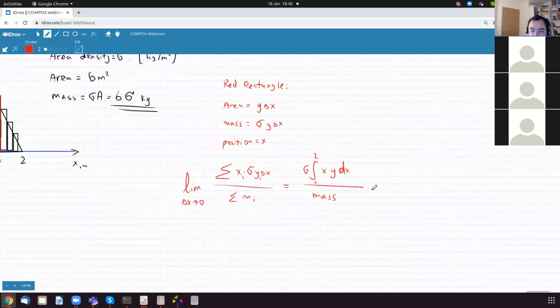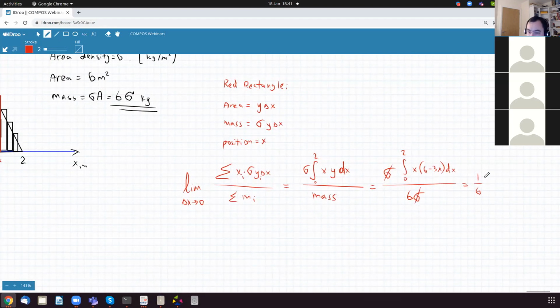So we have sigma divided by the mass. We know the mass of the whole thing is 6 sigma. The integral from 0 to 2 of x times 6 minus 3x dx. We cancel the sigma, so it's going to be 1/6 integral.